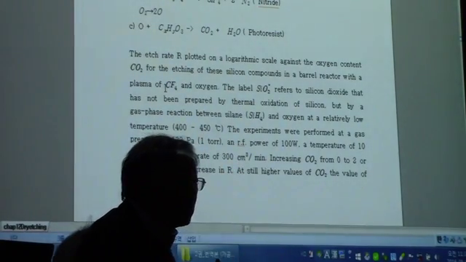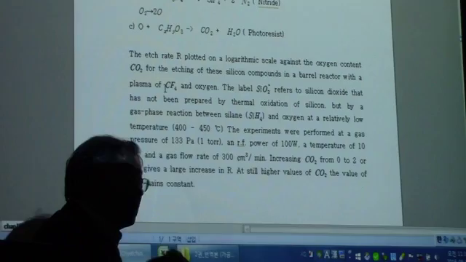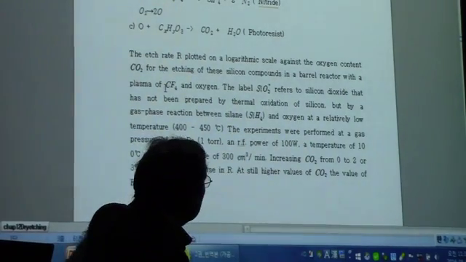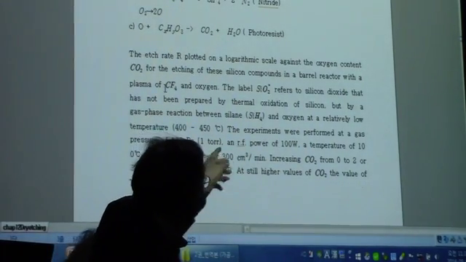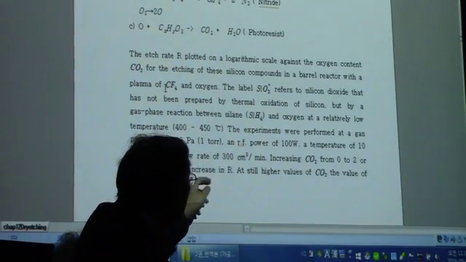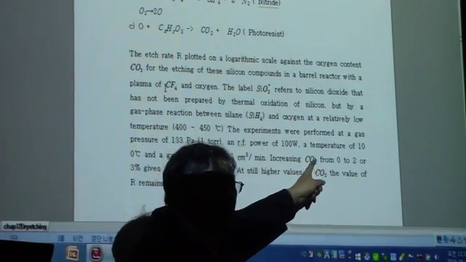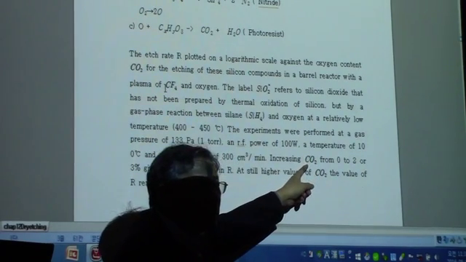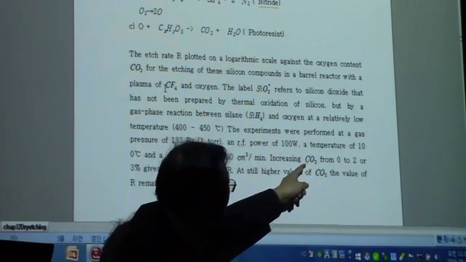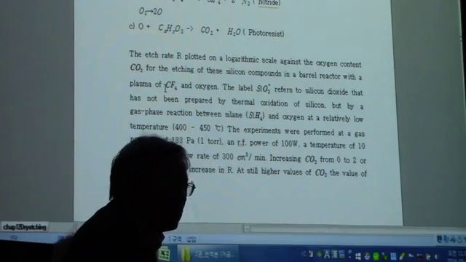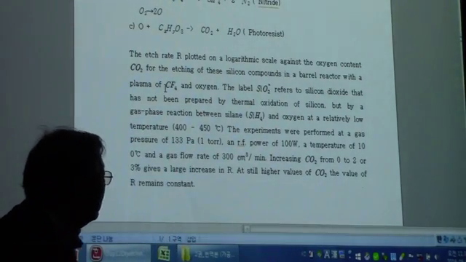In other words, the thermal oxide is a more dense material. The experiments were performed at a fixed gas pressure, and oxygen was increasing. This is not CO2; the axis should read concentration with the subscript O2.